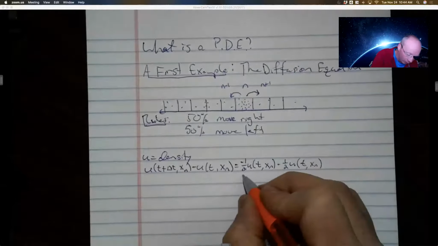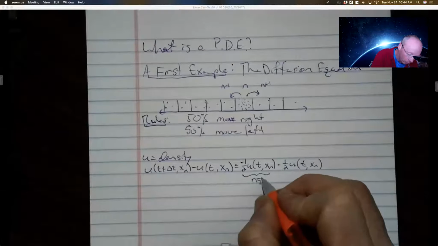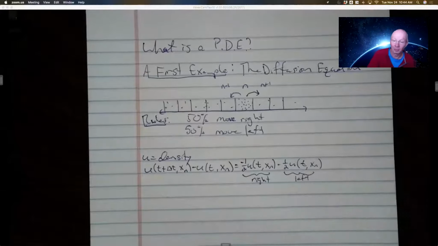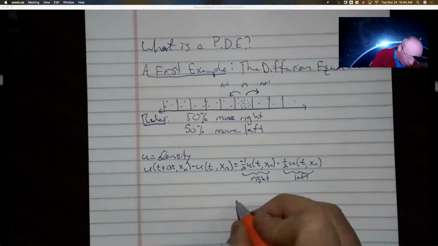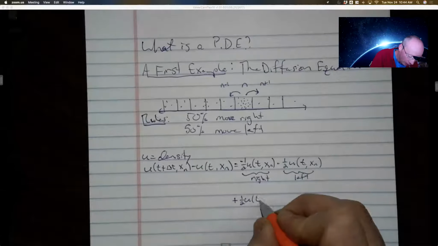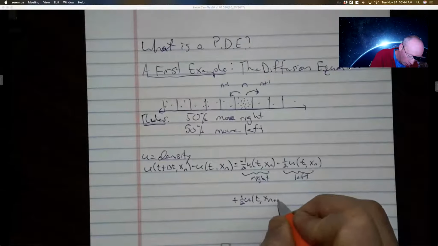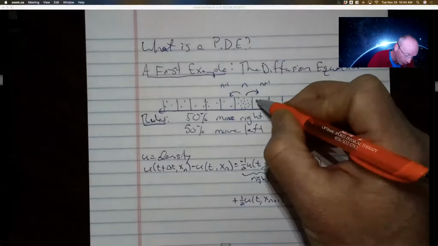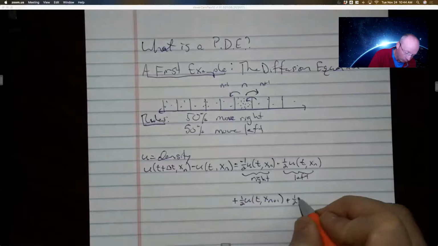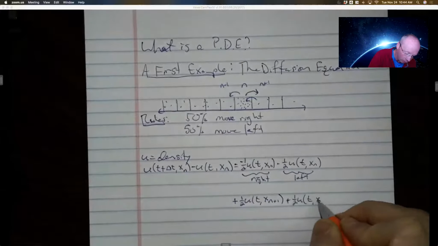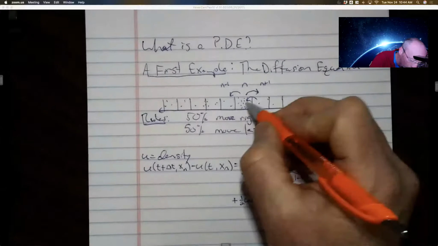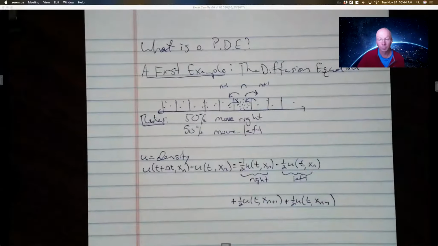So that's going right, that's going left. Now I also get plus half of the particles in from the right, those are the ones coming in from here, and half of my particles coming in from the left. Those are my particles coming in from here.